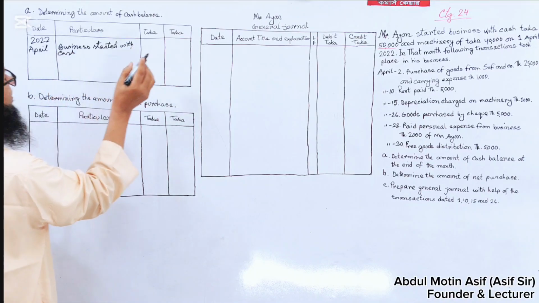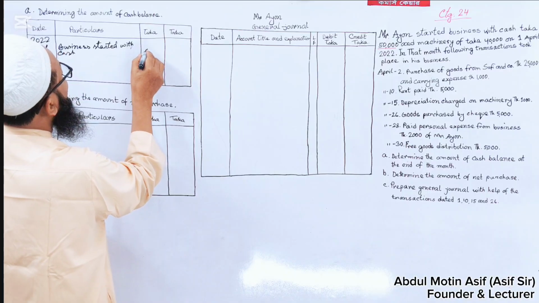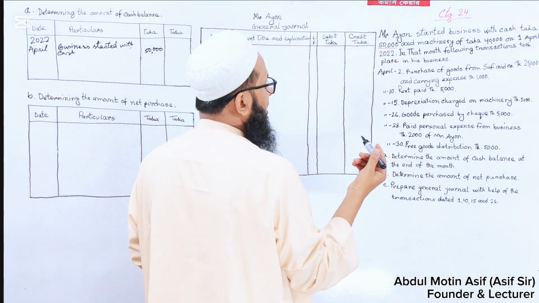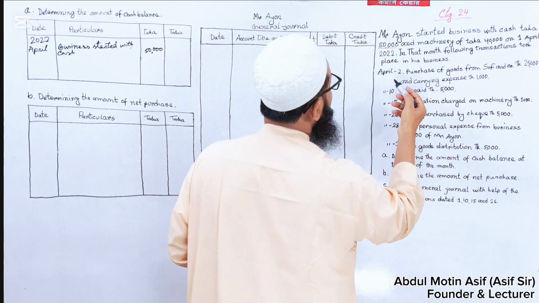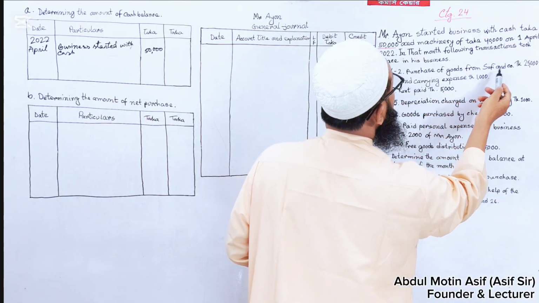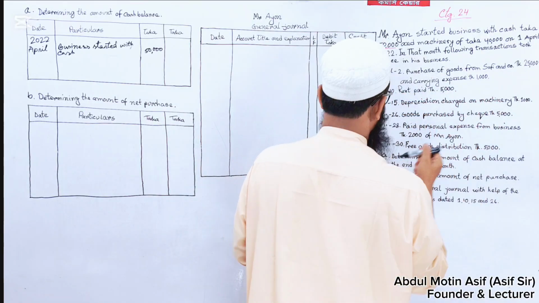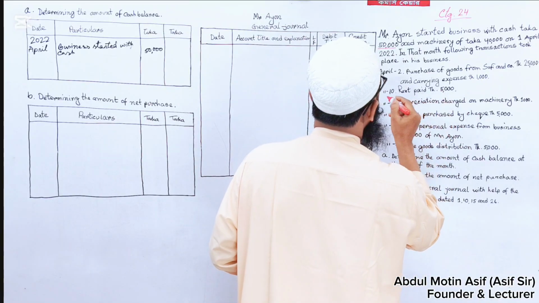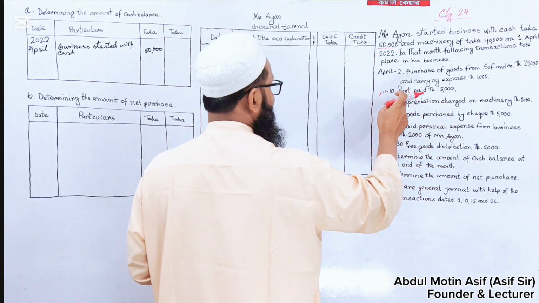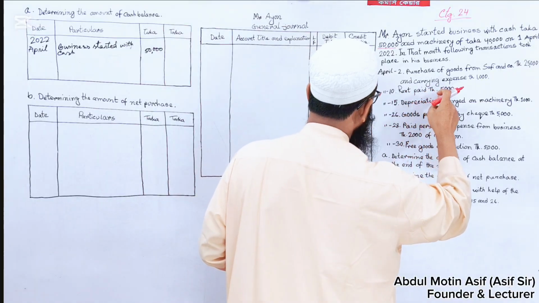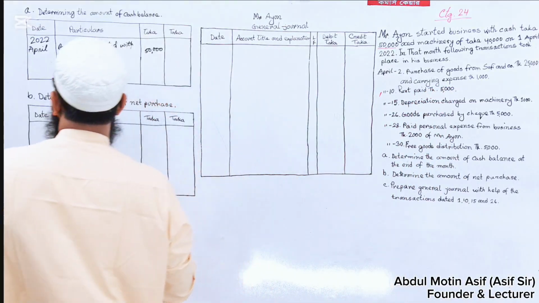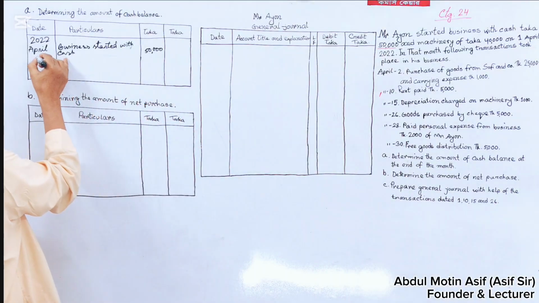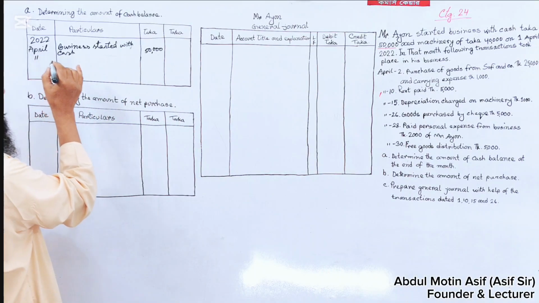Cash 50,000. Then we find cash transactions. Purchase of goods from Safi and Co is not related. Rent paid taka 5,000. In this transaction, our cash decreases. For that, we write here April 10.